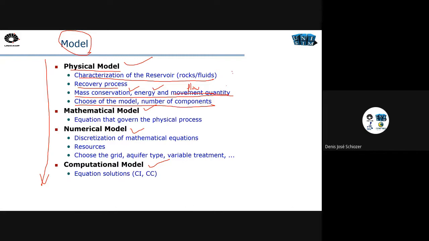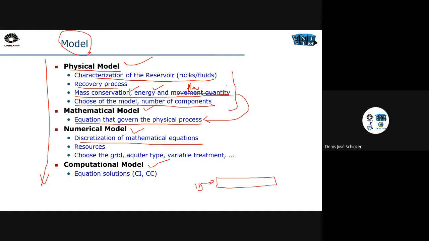So we are considering all these aspects in the mathematical model of the problems, the equations that will represent these physical aspects. Once we have these equations, we are going to discretize these equations because the reservoirs are very complex, with boundary conditions that are complex and so on. Otherwise, we could solve these mathematical equations analytically. Of course, if you are representing, for example, a flow in porous media in a lab, that is a 1D displacement in a laboratory, maybe you can solve these equations analytically, right?